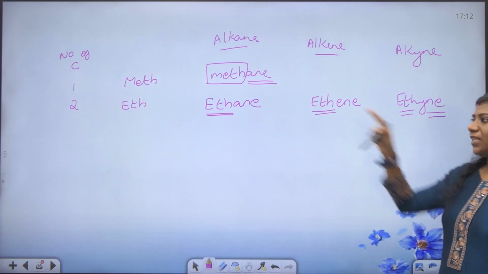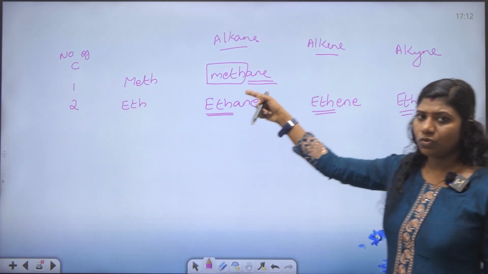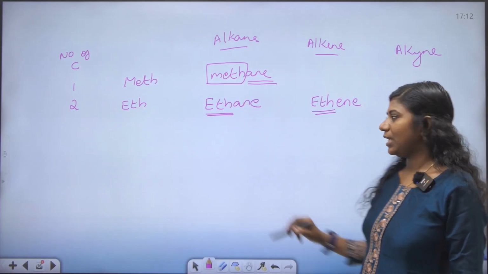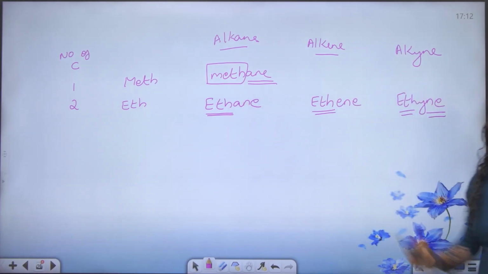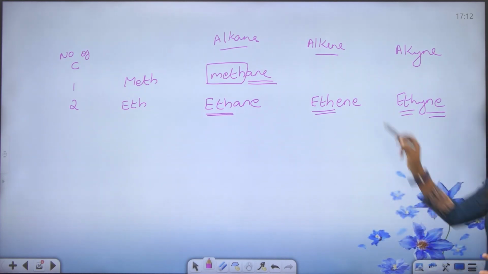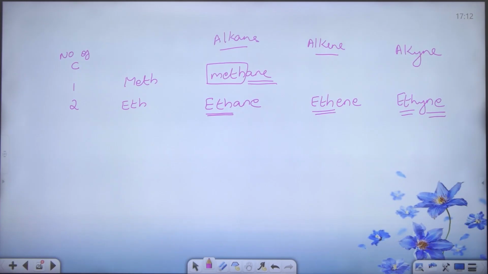Ethane: total number of carbon atoms 2, and all carbon-carbon bonds are single bonds. Ethene: 2 carbon atoms, and the carbon-carbon bond is a double bond. Ethyne: 2 carbon atoms and one triple bond is present.